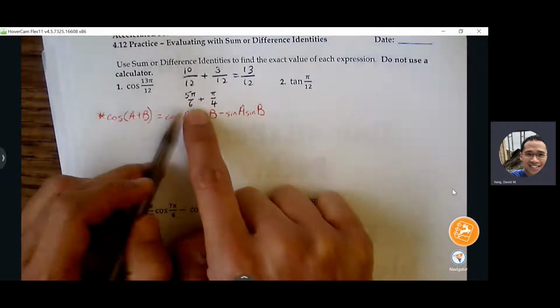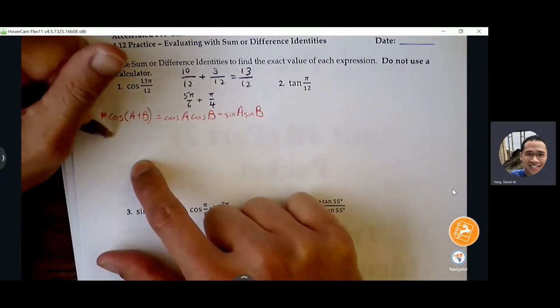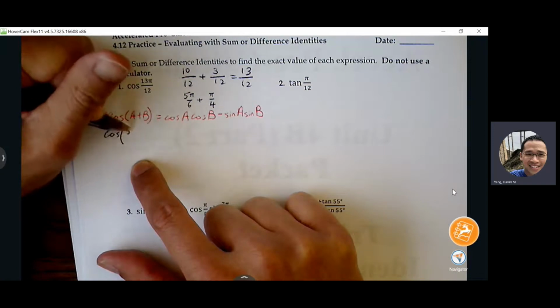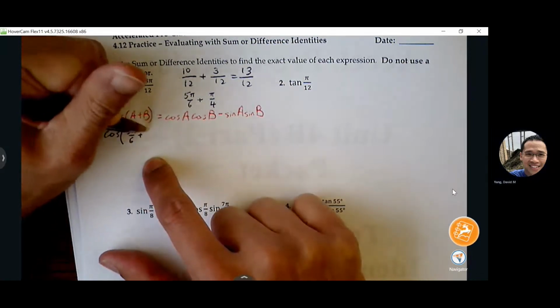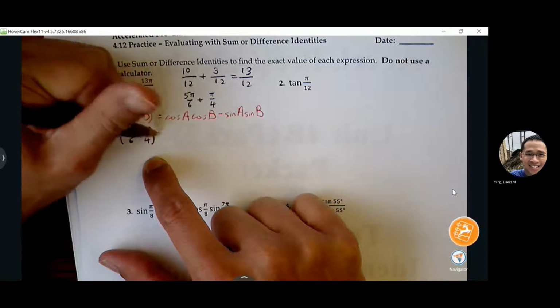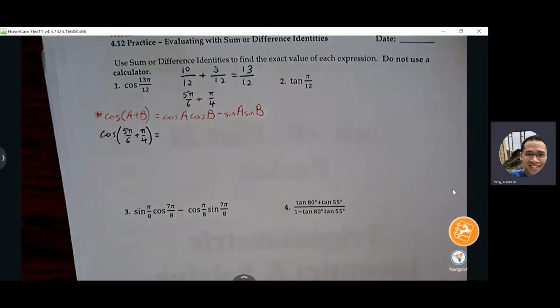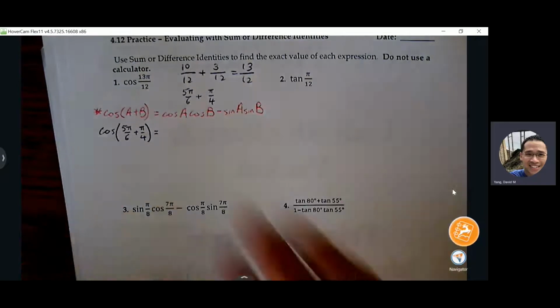Doesn't matter which one you choose. Let's do 5π/6 for A and π/4 for B. And then just replace all the A's and B's with 5π/6 and π/4.